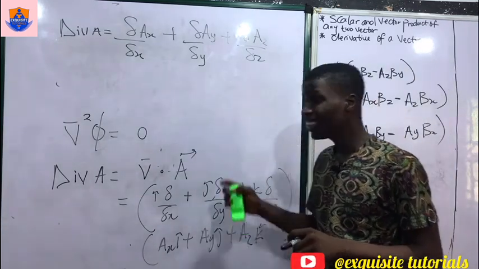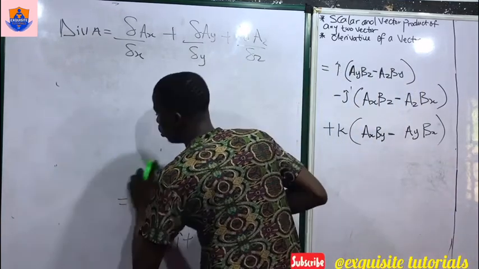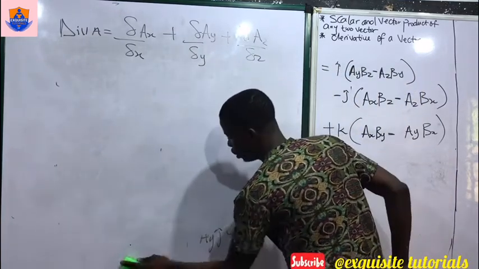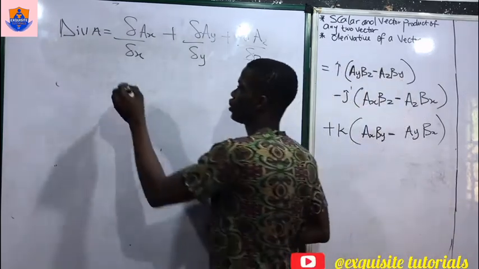Then outside the divergence, we'll be talking about the curl of a vector A. How do I curl a vector?